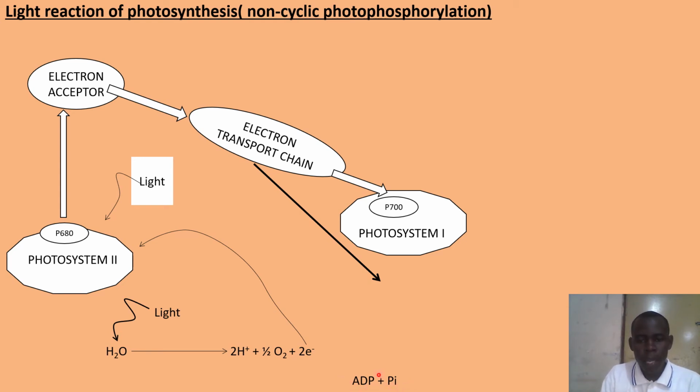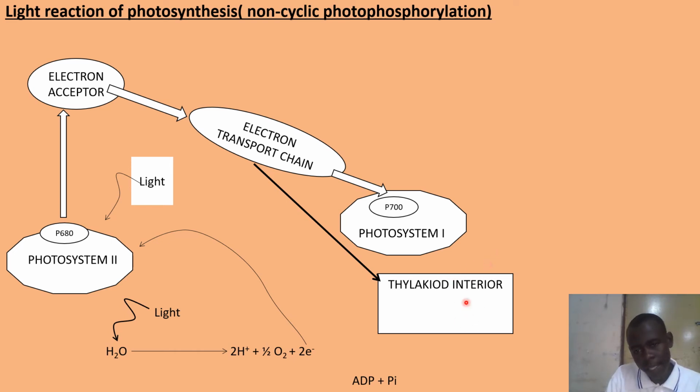The process occurs on the thylakoids. We have the outside of the thylakoid and the interior of the thylakoid, which we call the thylakoid lumen. When photolysis occurs, the protons accumulate in the lumen of the thylakoid, so we shall have a number of protons inside the thylakoid.